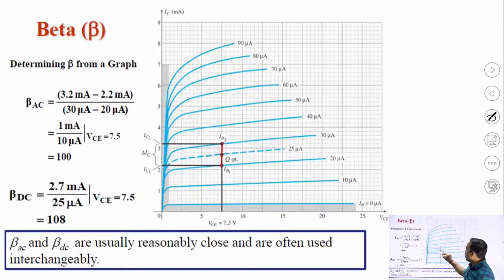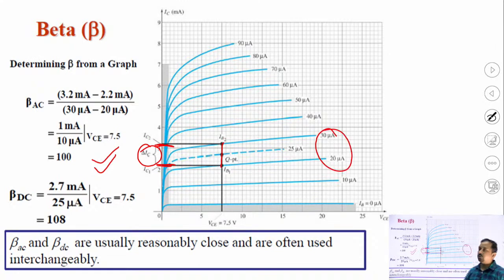Graphically also we can observe the value here. Beta AC, this point, delta IC by delta IB, 30 minus 20. So the value is around 100. Generally the value of beta, which is the current gain for the common emitter configuration, is near about 100.